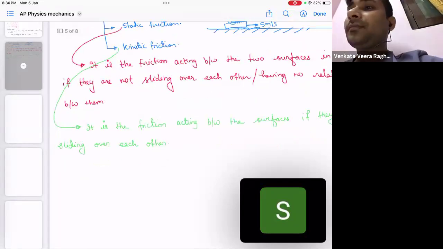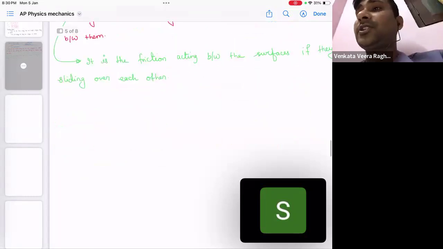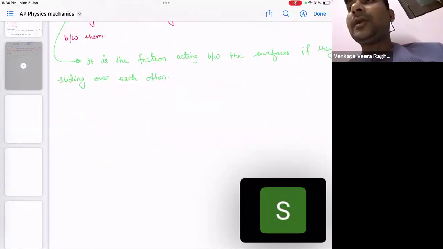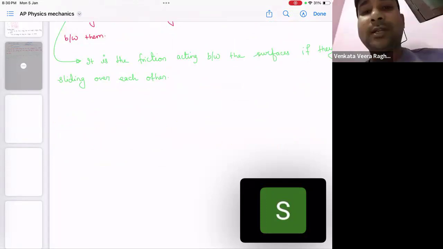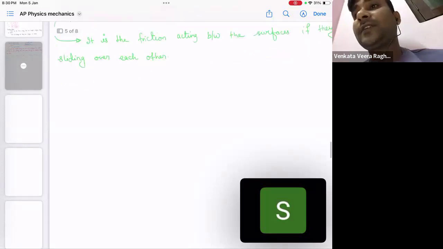Clear? So what are the factors on which the friction force depends? Friction force depends on two factors. The first is the normal reaction acting on the body, and the second factor is the roughness of the surface. How rough is the surface?